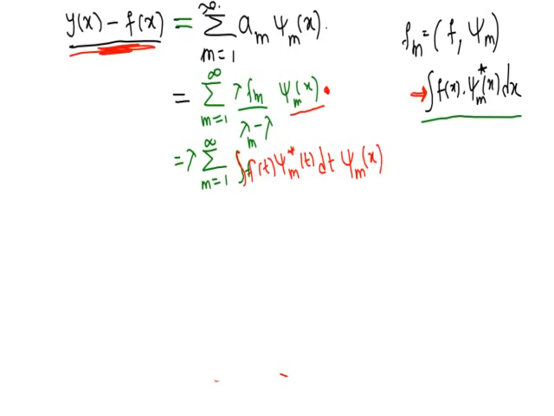And this Fm is divided by lambda m minus lambda. Now we have got this expression, and in the next step I can take this xi m of x inside the integral sign, because then it will have no clash with the integration variable t.